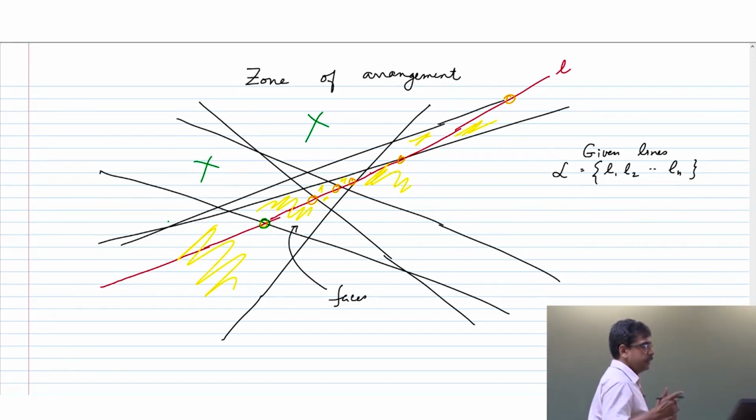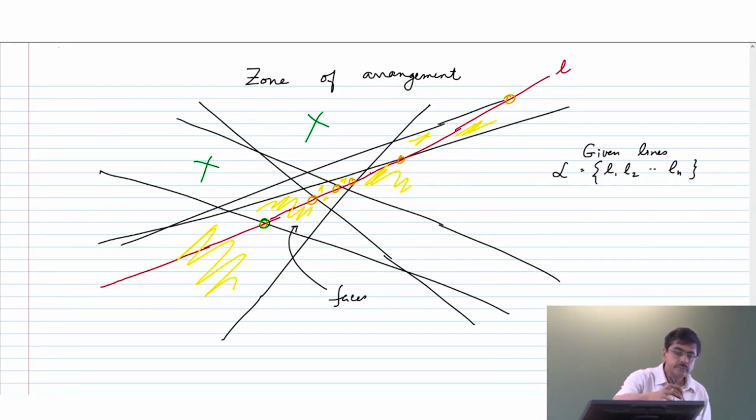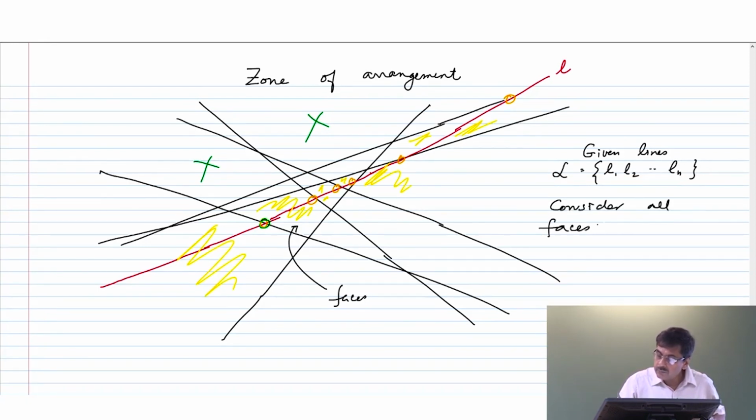Now, what I am interested in is this: consider all faces that L intersects. This is called the zone.